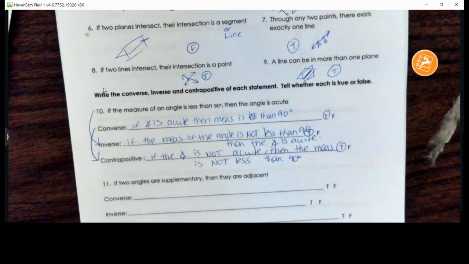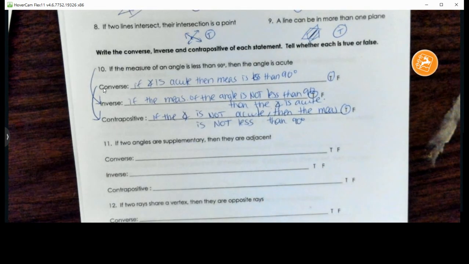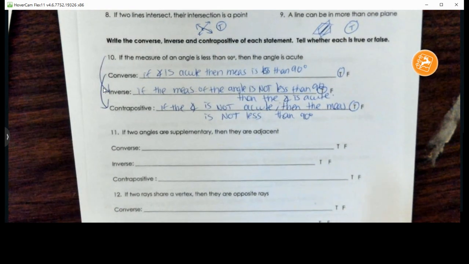I am going to post the answers for the next two, but it uses the same system that we used here, the same definitions.